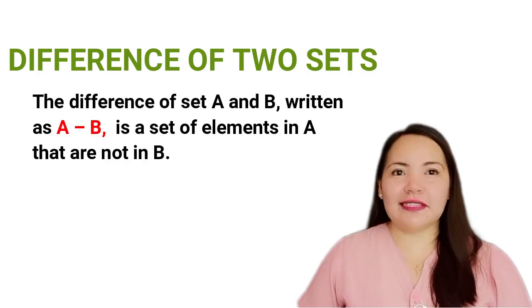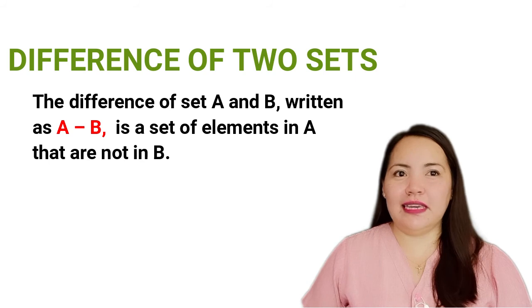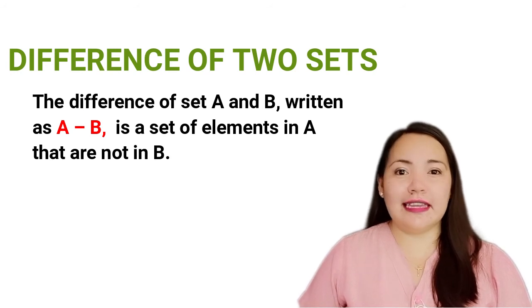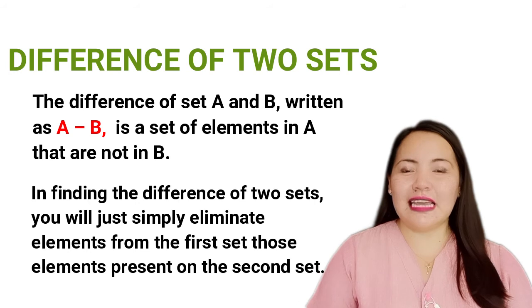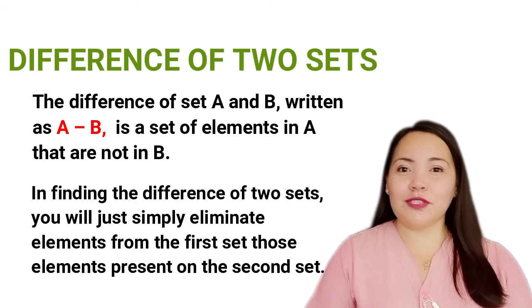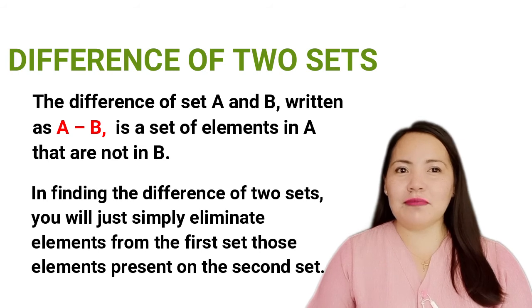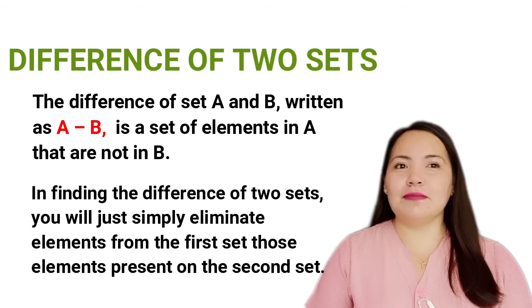The difference of sets A and B, written as A minus B, is a set of elements in A that are not in B. In finding the difference of two sets, you simply eliminate from the first set those elements present in the second set.